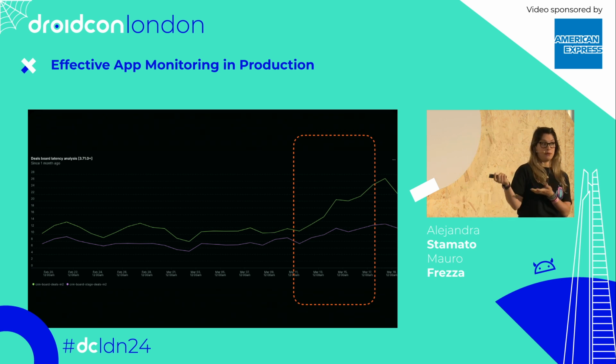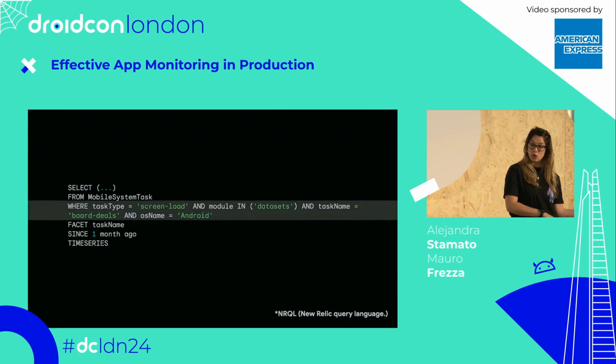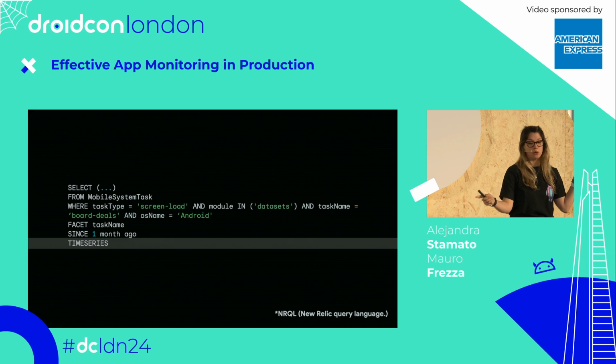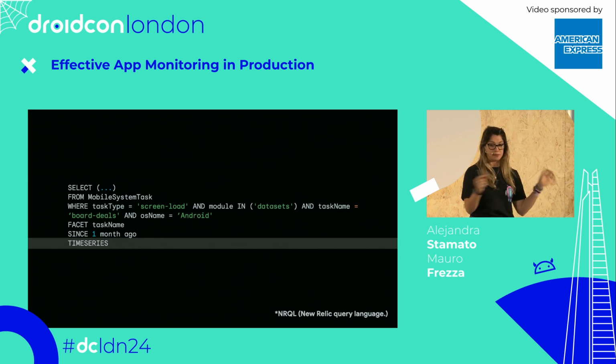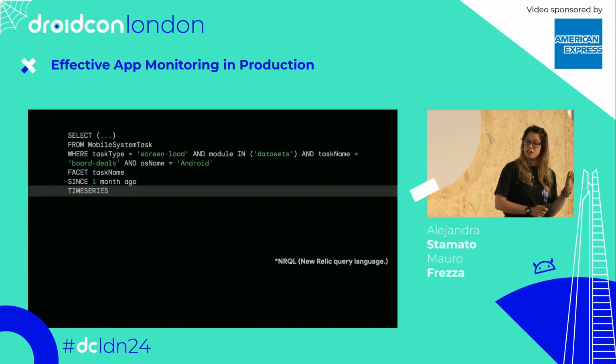And it was very graphic, right? Again, it's a simple query where the task type is screen load in the module dataset with task name board deals, and you get this graph over time, which is pretty cool, with just a simple time series keyword. New Relic is smart enough, and it gives you this beautiful, very visual graph.